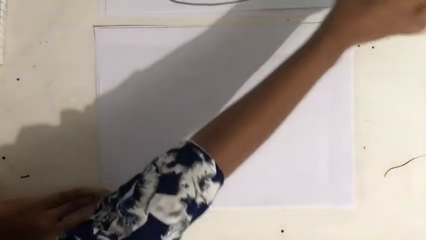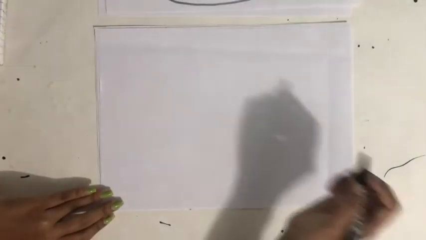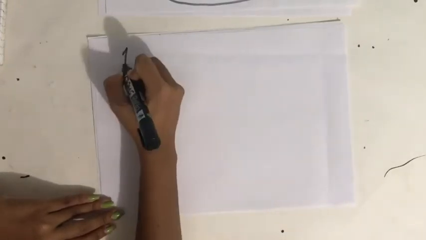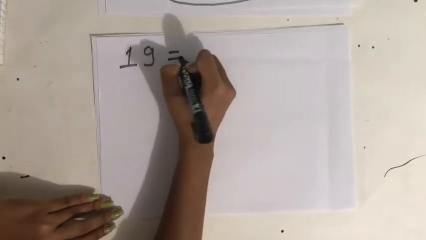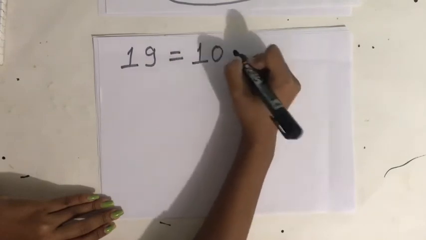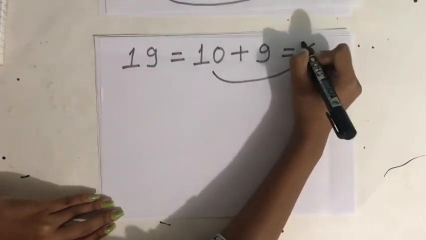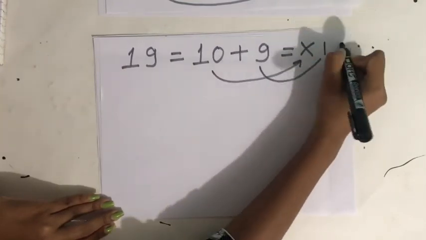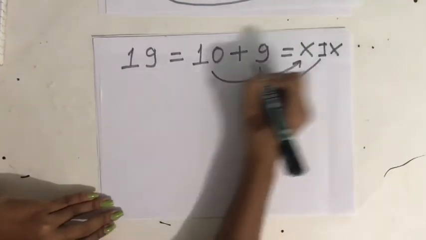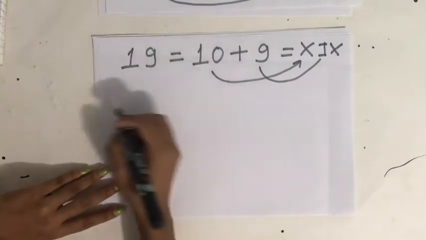Now let's convert Hindu-Arabic numerals into Roman numerals. First let's take 19. Here 19 is 10 plus 9. So you can write 10 as X and 9 as IX. That means 19 is represented by XIX.